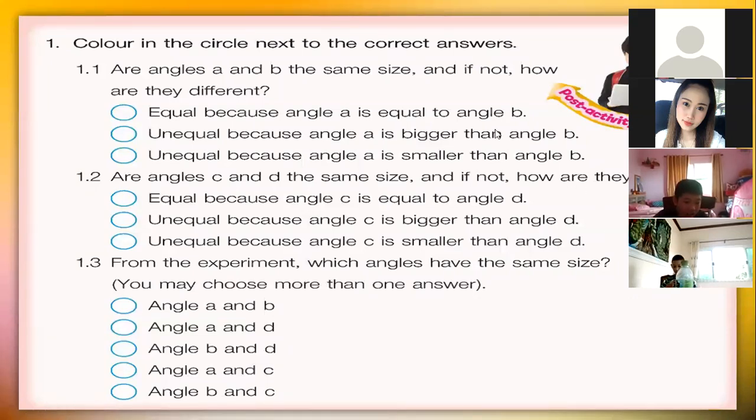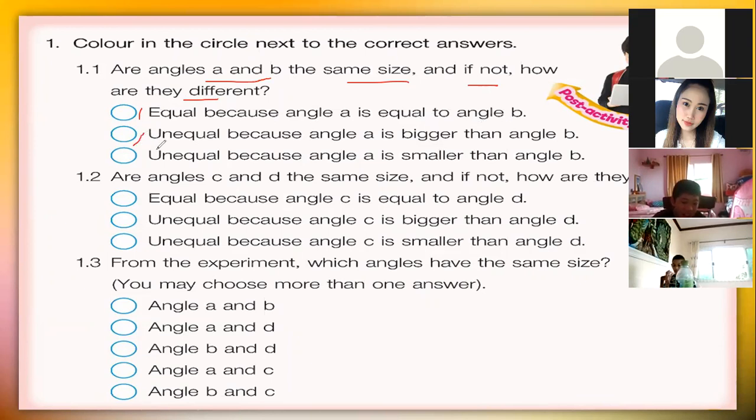So here is the question. Are angle A and B the same size? If not, how are they different? Option 1, equal because angle A and angle B are the same.